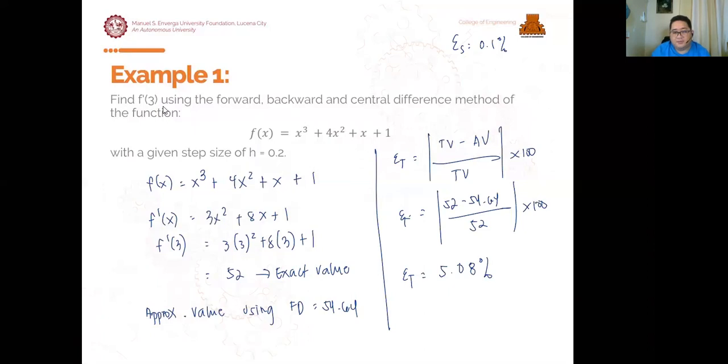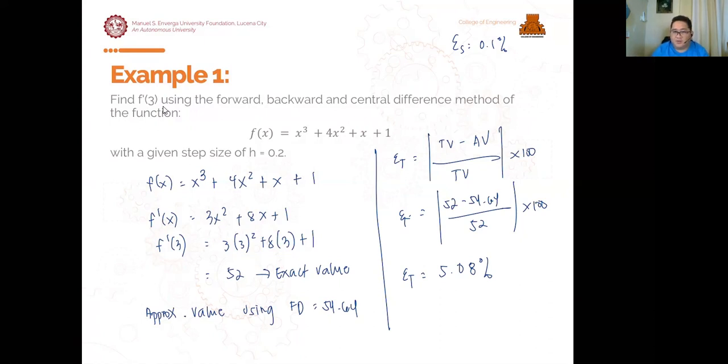Okay? So, para ma-minimize yung error natin, ang gagawin kapag sa gantong differentiation is i-repeat mo yung process pero gagawin mo doon sa step size mo, i-half mo siya. So, from h is equals to 0.2, gamitin mo yung kalahati nun as your second iteration. So, h is equals to 0.1 naman yung gagamitin mo.